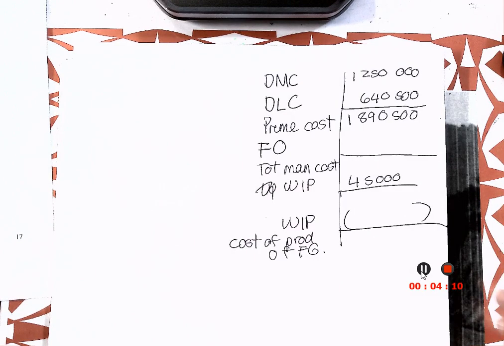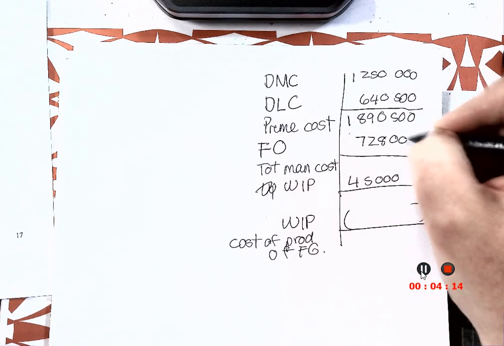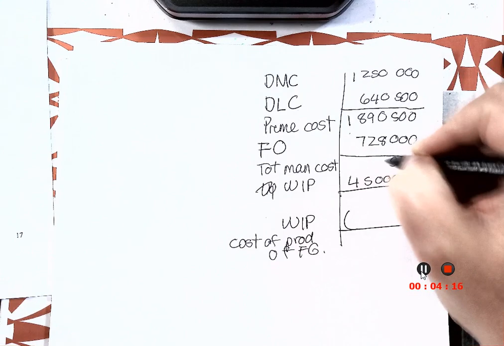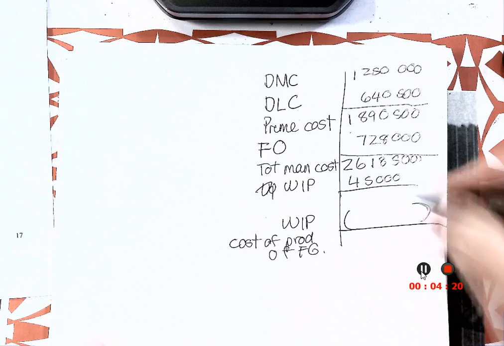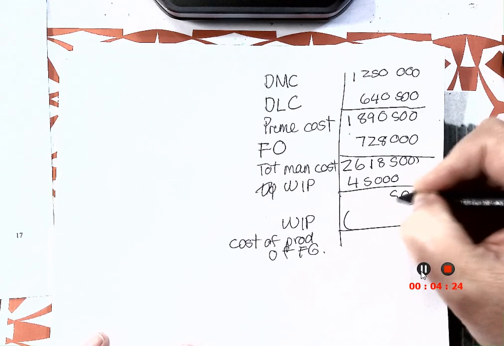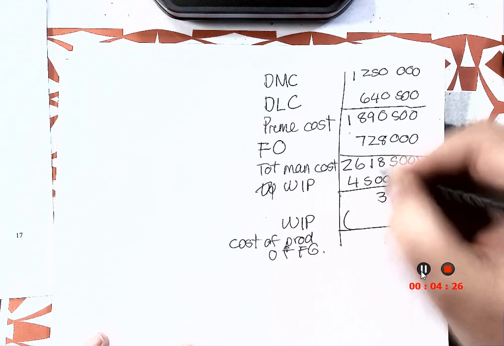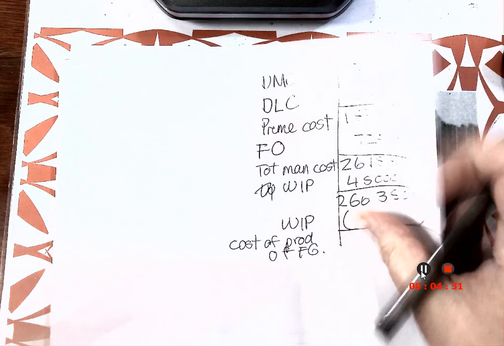Factory overheads, 728. Adds up. Work in progress, I will add 005. 8 and 5 gives me 13662. Do they give me a work in progress closing?